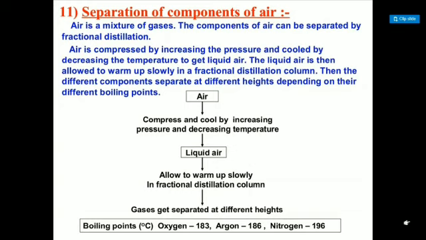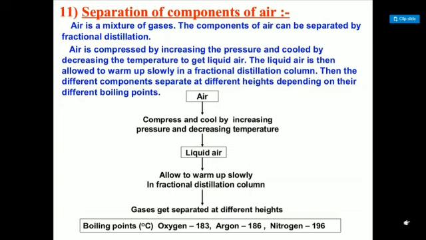So you can see here the flow chart. Air is compressed and cooled by increasing pressure and decreasing temperature. Then liquid air is obtained. Then this liquid air is allowed to warm up slowly in the fractional distillation column. Gases get separated at different heights.